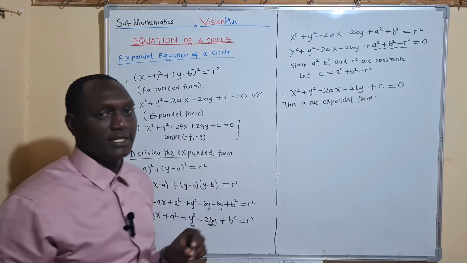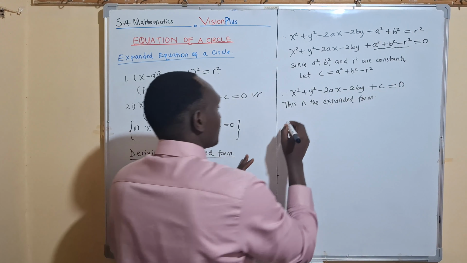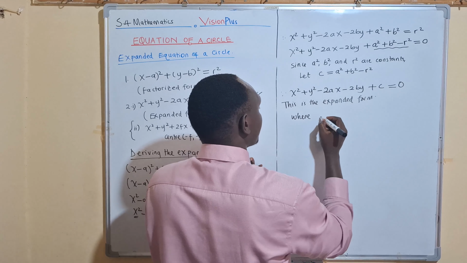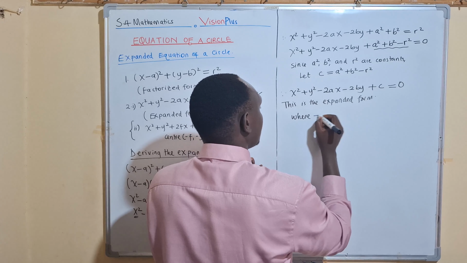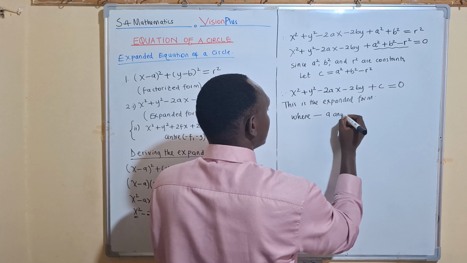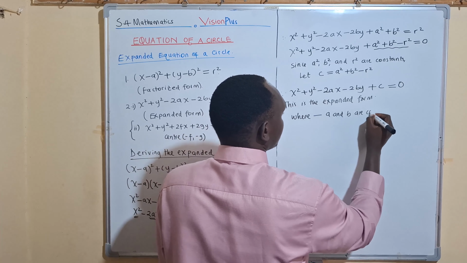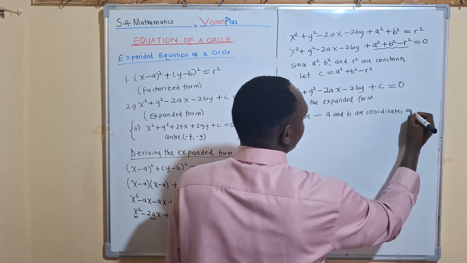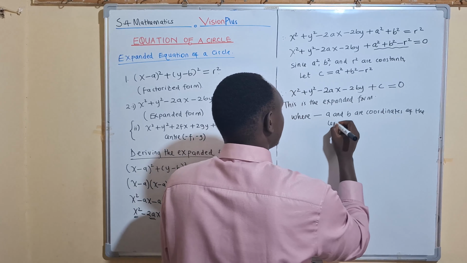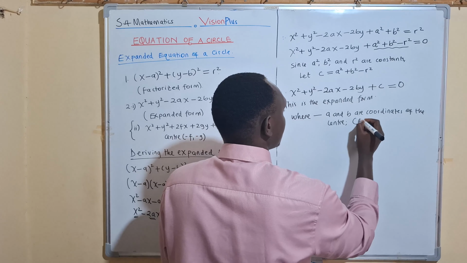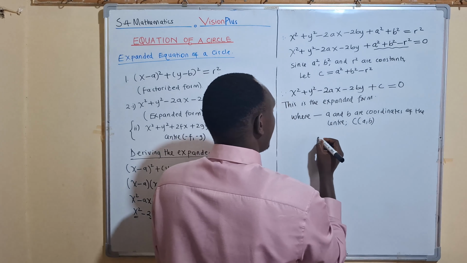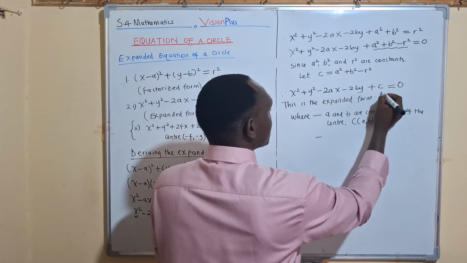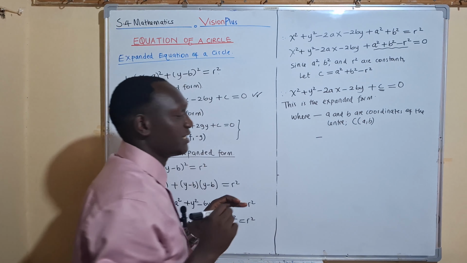That is the expanded form where a and b are coordinates of the center. Thus the center is still (a, b), and this constant c here is not standing for the center, please.